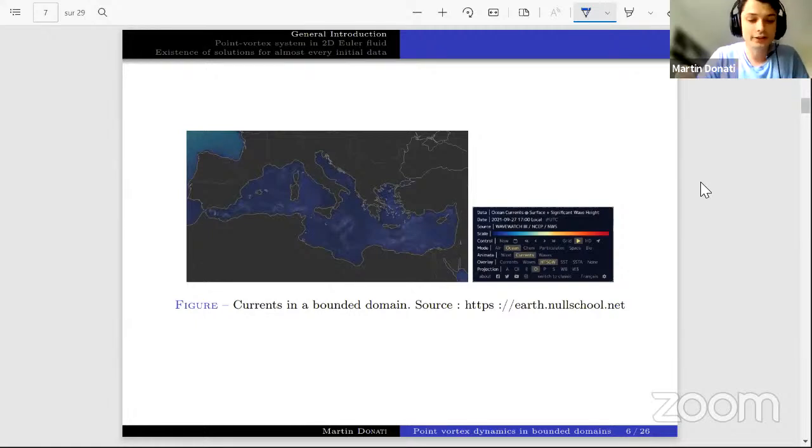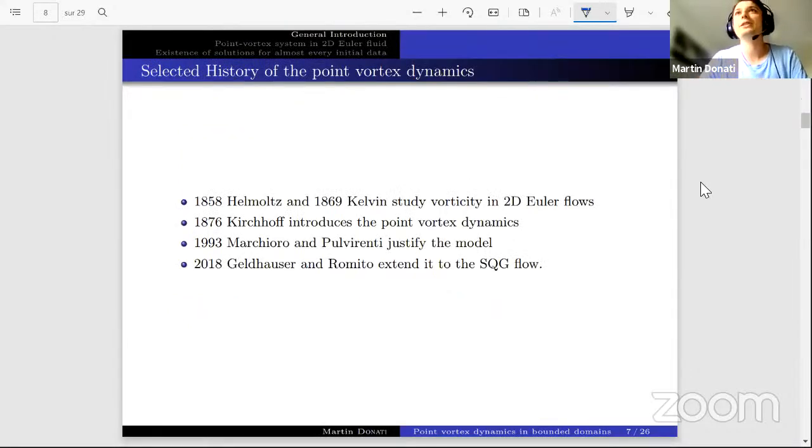So here, another example of a non-simply connected domain with complicated boundary and the vortices evolving inside this domain. So this problem is of interest, obviously. Let's say I've been convinced myself by those pictures.